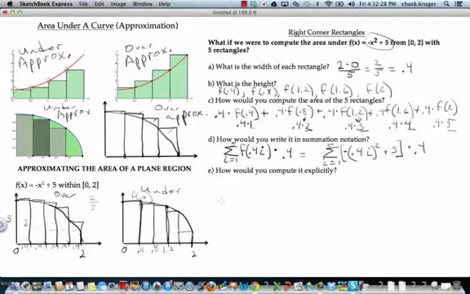All right? So how am I going to compute that explicitly? Well, let's multiply all this out and see what I get here. So I get the summation of i equals 1 to 5. And inside these brackets, I'm going to have 0.4i squared, which is 0.16i squared. It's going to be negative plus 5. And I'm multiplying that by 0.4.